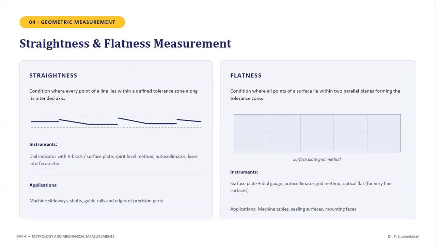Typical applications include machine slideways, shafts, guide rails, and precision edges. Flatness refers to the condition in which all points of a surface lie within two parallel planes, forming the specified tolerance zone. Flatness measurement can involve a surface plate and dial gauge, autocollimator, grid methods, or optical flats for very fine surfaces. These measurements are particularly important for machine tables, sealing surfaces, and mounting faces.